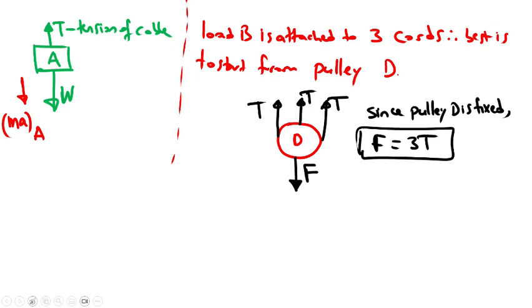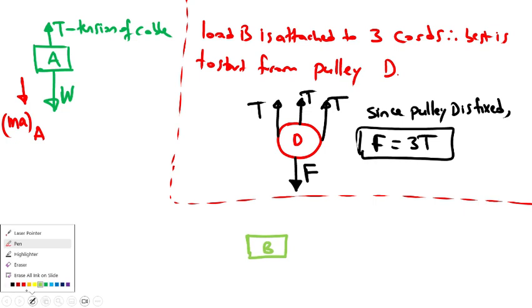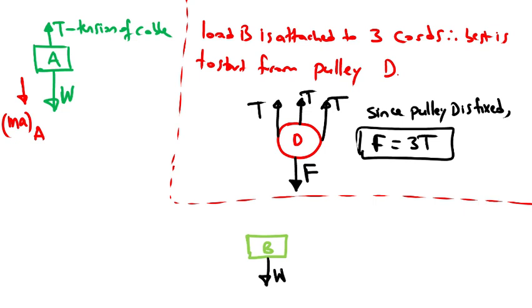Since we solved pulley D, now we can move to the load B. For the load B, it will have a weight downwards, which is very clear. And then there will be the same force F, by Newton's third law.